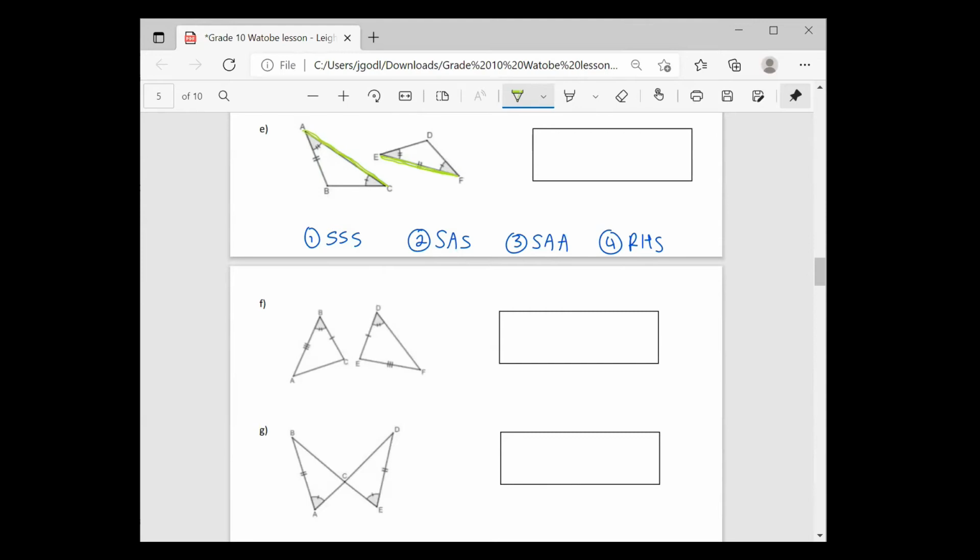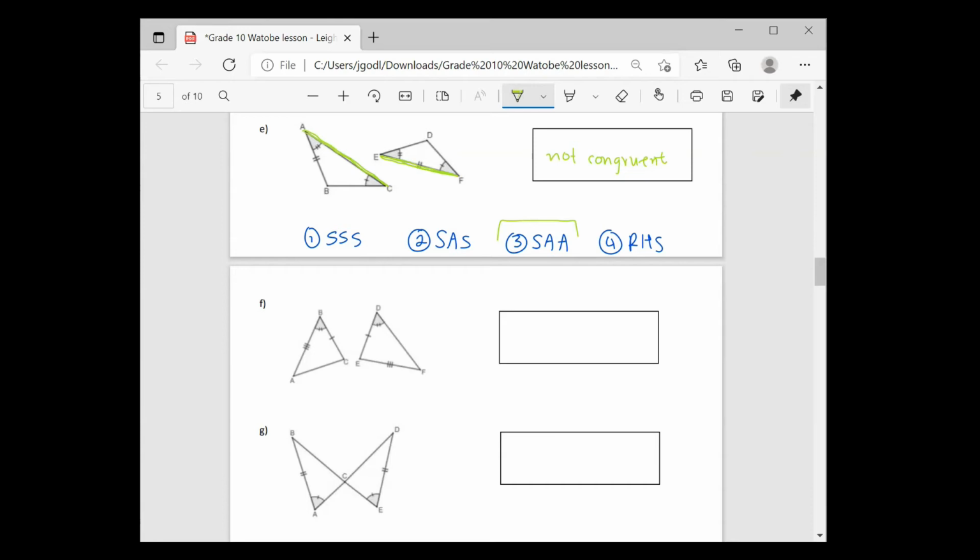Because the side that's been given to us is not corresponding, we can't use the reason side, angle, angle. So for this one, we would have to say that they are not congruent because we haven't been given enough information to say that they definitely are congruent.